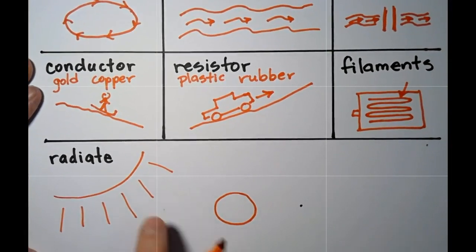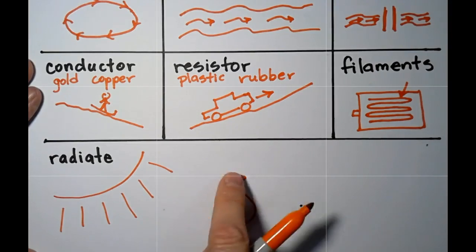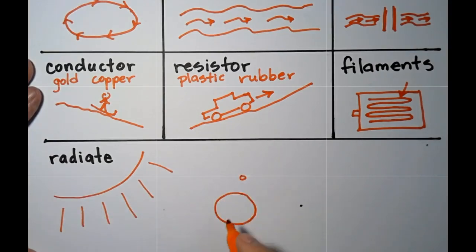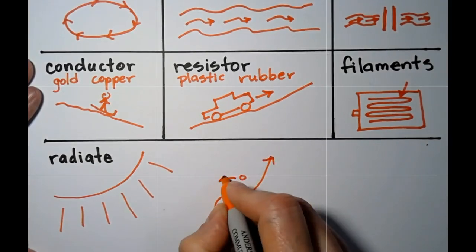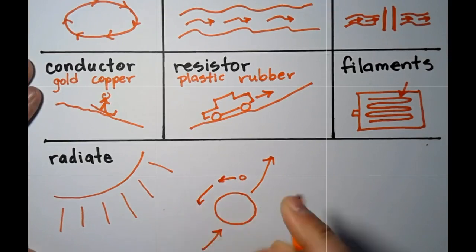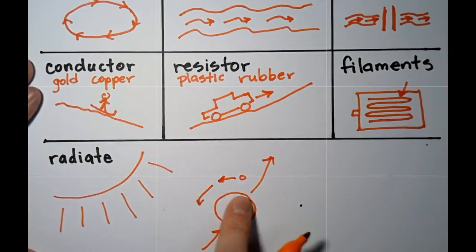Okay, so there is the warmth of the sun reaching the Earth, and we'll even draw the moon out here orbiting the Earth. Okay, so we know that's the Earth traveling around the sun. The moon is traveling around the Earth, and the sun's energy is radiating onto both. Okay, and giving them both heat energy.